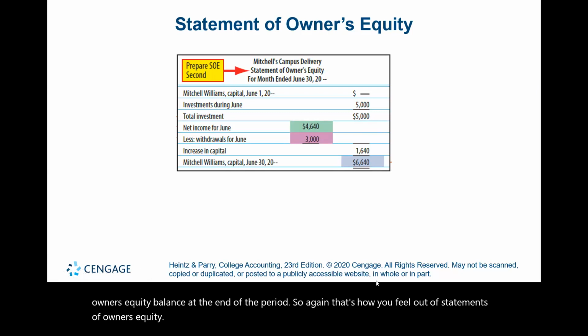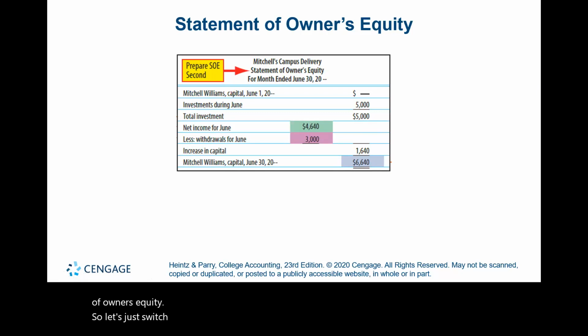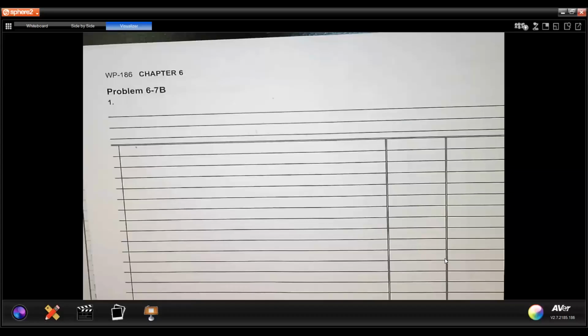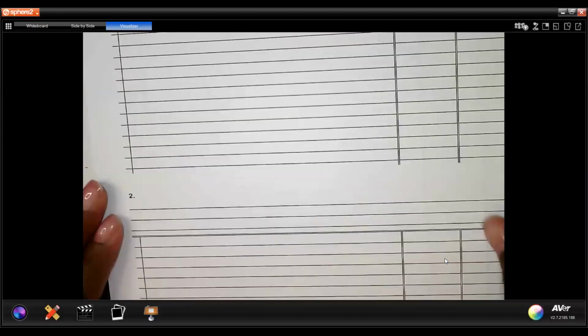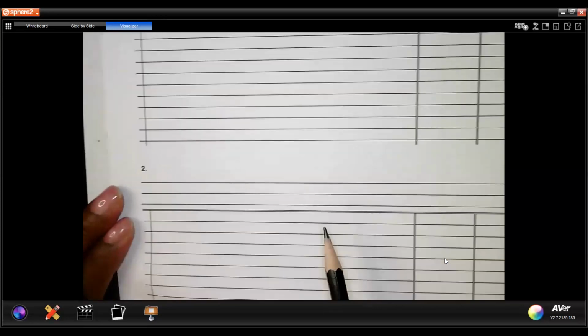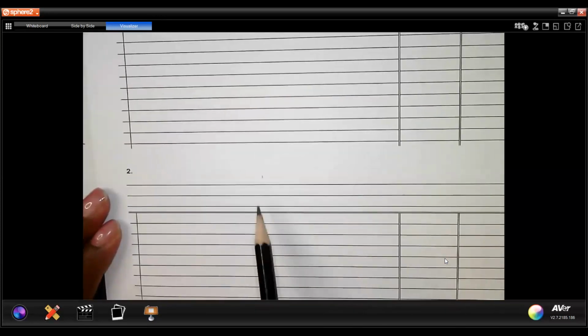Let's switch gears for a second and look at a blank copy of a statement of owner's equity. As you can see here, this is how that form would look. We have lines to record the name of the company. On the top line, we have the name of the statement, which in this case is statement of owner's equity.